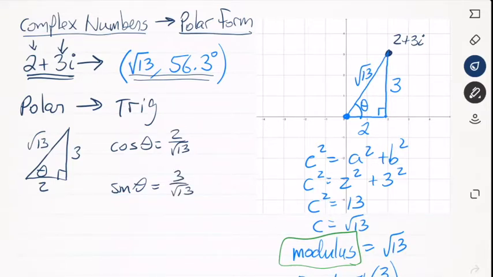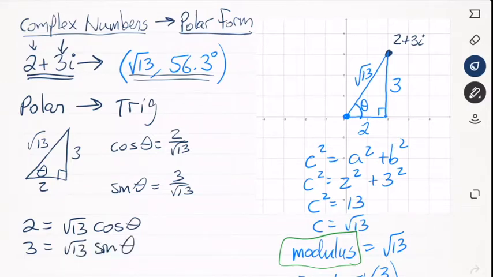So if we solve for the 2 and the 3 in the original number, we would get 2 is equal to the square root of 13 cosine of our angle, and 3 is equal to the square root of 13 sine of our angle.